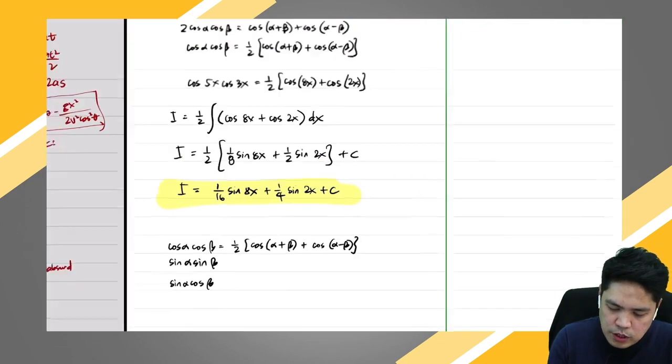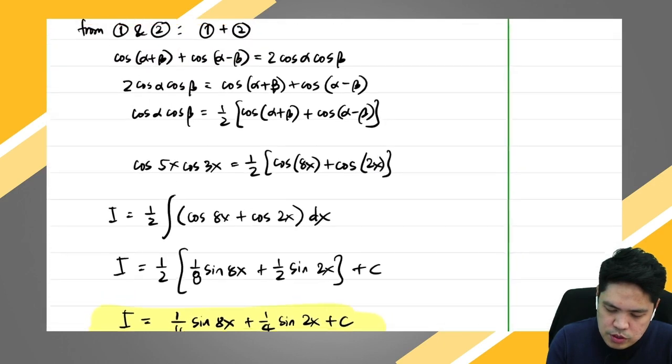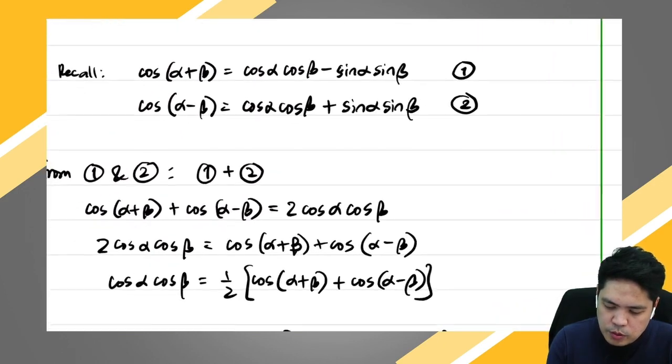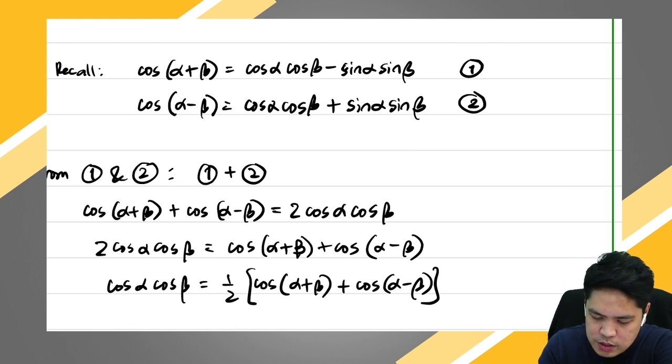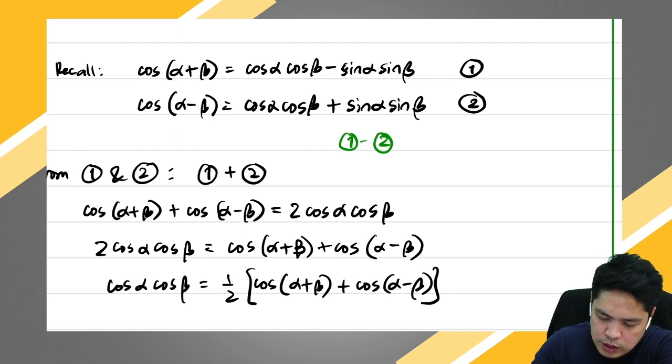Now, how about for sine alpha, sine beta? For this, let's use the same identities 1 and 2, but this time let us subtract equation 2 from equation 1. That would be equation 1 minus equation 2, this minus this and this minus this.